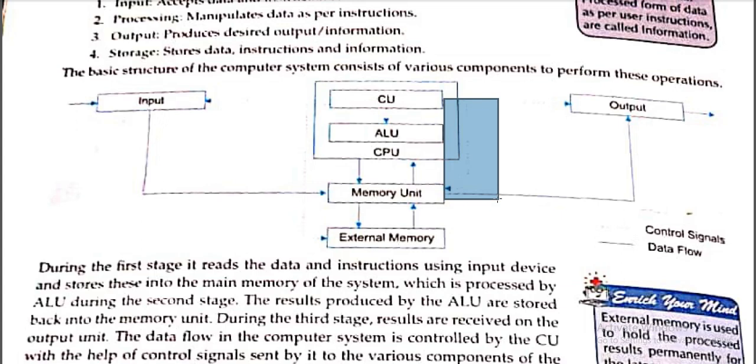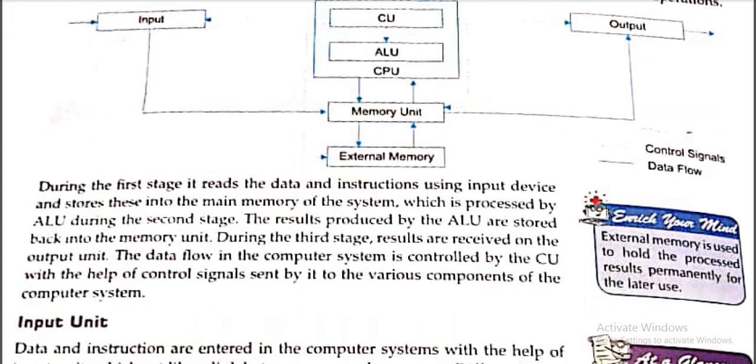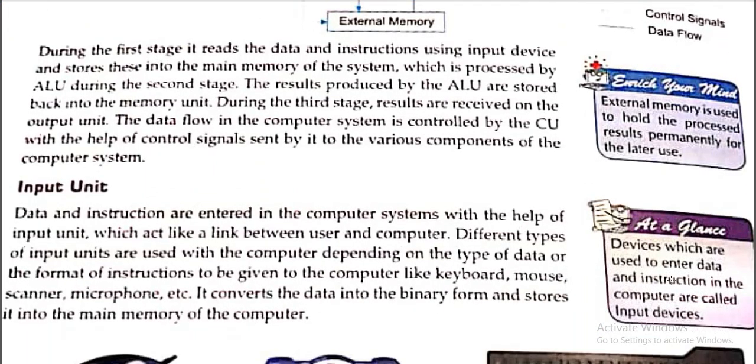So these are the lines which indicate that the CU can control the instruction from input to the CPU, output to the CPU, CPU to the memory unit, and CPU to the external memory. So this is the way the instruction is controlled by the CU, called the control unit. It is also written that external memory is used to hold the processed result permanently for later use. So next one is the input unit.